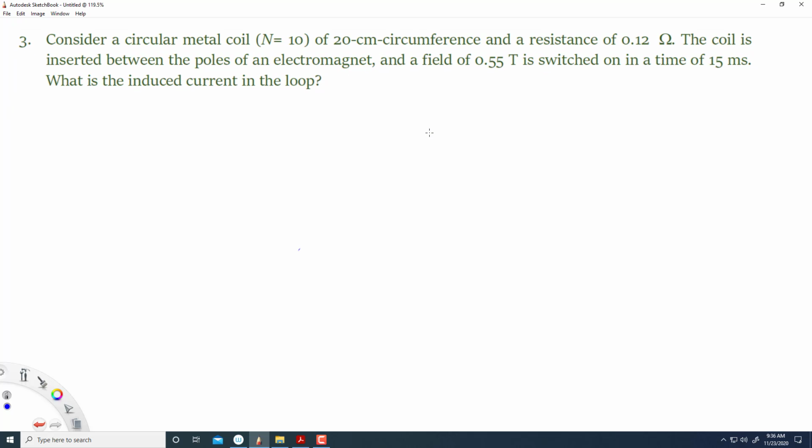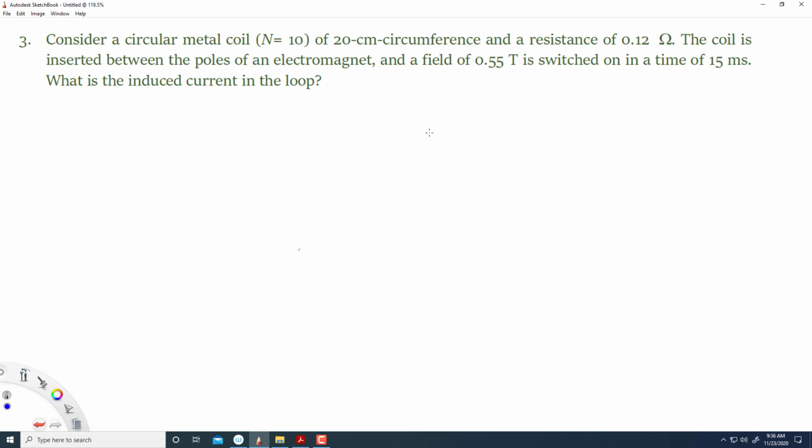So now we want to find the induced current in a loop. Okay, let's say you have some magnetic field like that, and then you have a loop like this. So initially there is no magnetic field.